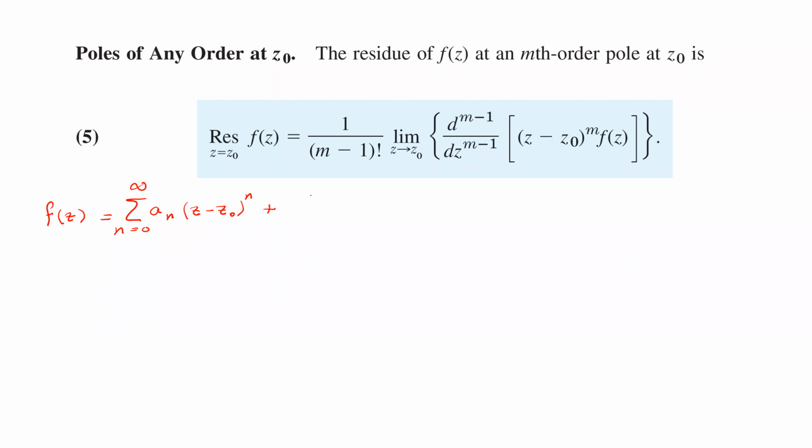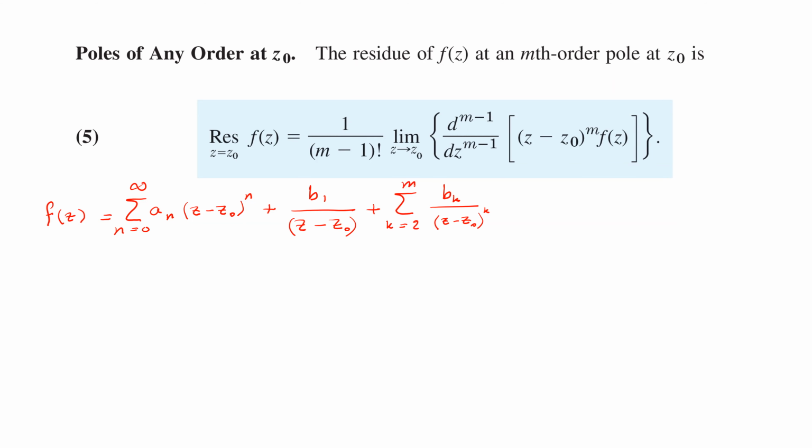So I want to separate b1 over z minus z naught to see how we can get b1, plus the other terms, of course, it is the mth order, sum of bk over z minus z naught to the power k. k goes from 2 to m because we have mth order.